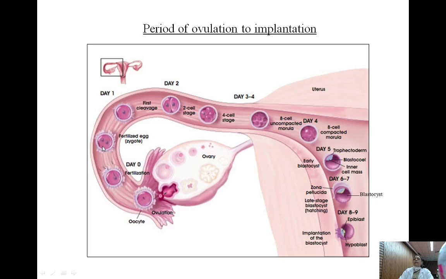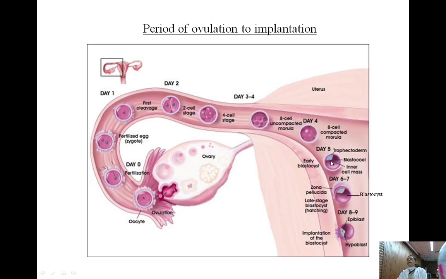After the formation of zygote, soon it starts to divide, and it will form 2 cells, 4 cells, 8 cells. When it is 8 cells, then it will enter into the uterine cavity, that is on day 4.